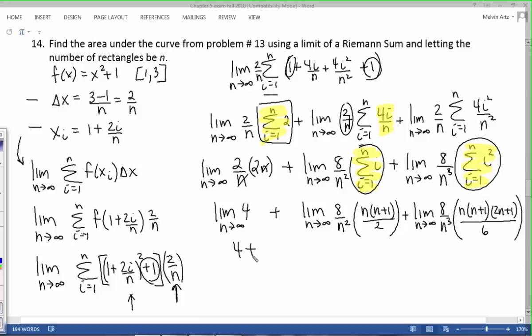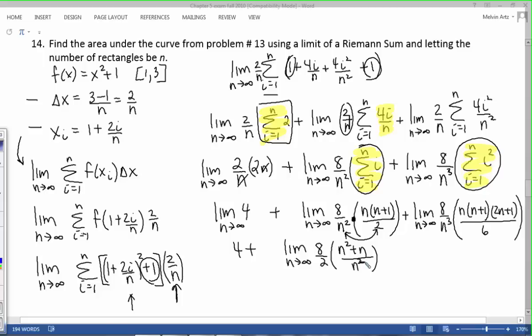Now when we analyze this next limit, I'm going to get all my n's together, and since this is being multiplied together, I can switch these two and rewrite this as 8 over 2 times, and if I multiplied the n in the numerator, I'd have n squared plus n all over n squared. I've gotten all my n's together.